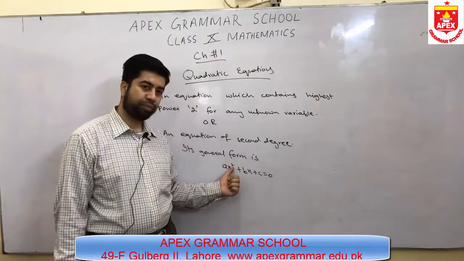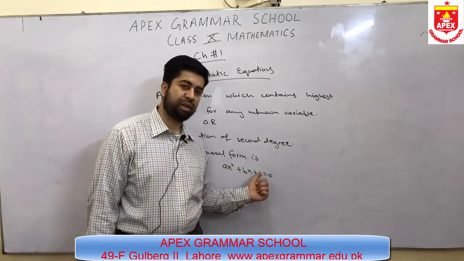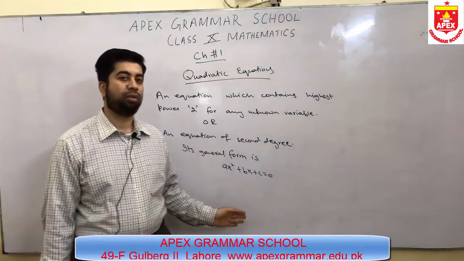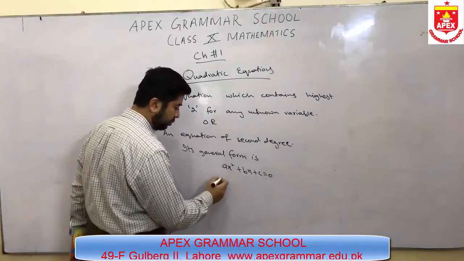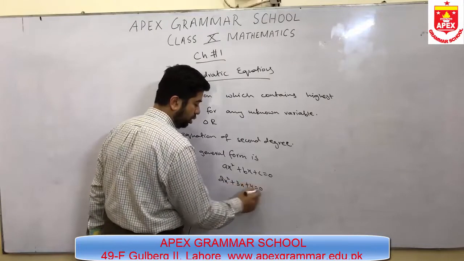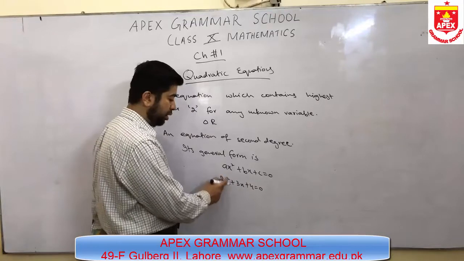X power 2 is the maximum power, then x raised power 1, and after that x raised power 0. So it is the general form of the quadratic equation. For example, you can have 2x square plus 3x plus 4 is equal to 0. It is a quadratic equation because it contains the variable with power 2.